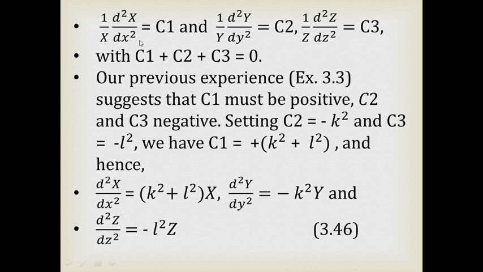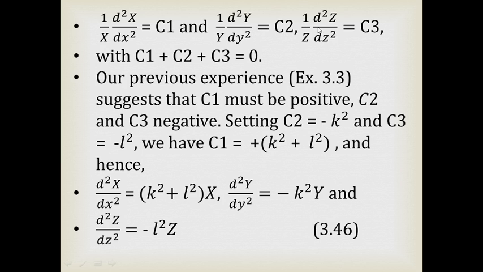Now each term depends upon a different variable, and the variables are independent of the others. That means each term must be constant. So 1 upon capital X d square capital X upon dx square is equal to a constant C1. 1 upon capital Y d square capital Y upon dy square is going to be another constant C2.